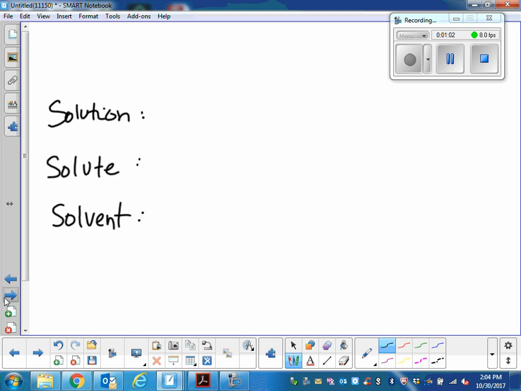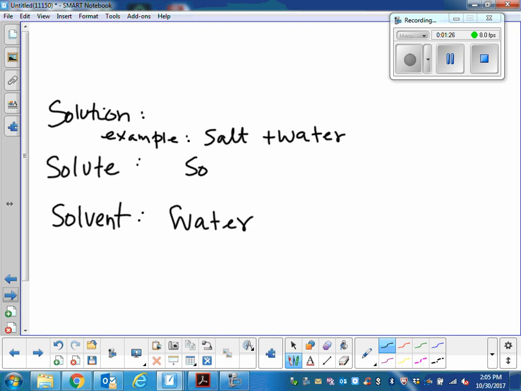Can somebody tell me what is the solute, what is the solvent? Water is the solvent, right? Example, salt plus water. What is the solvent?